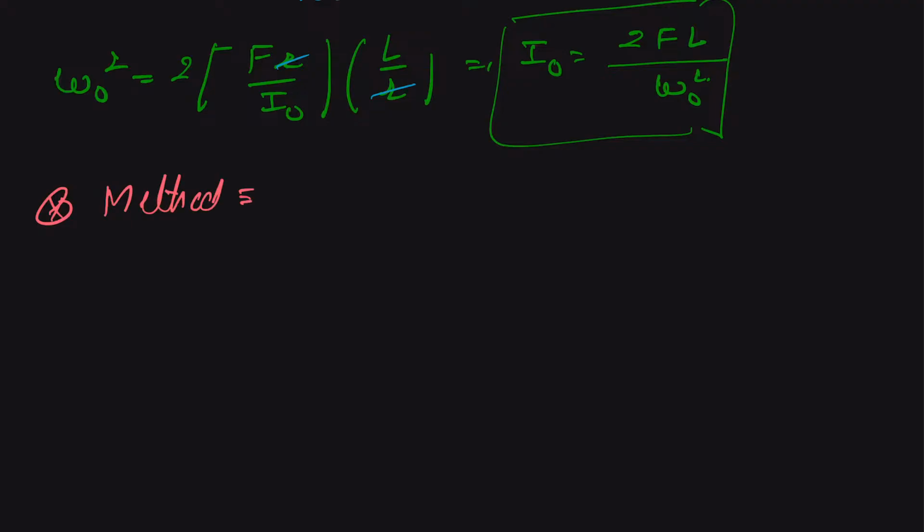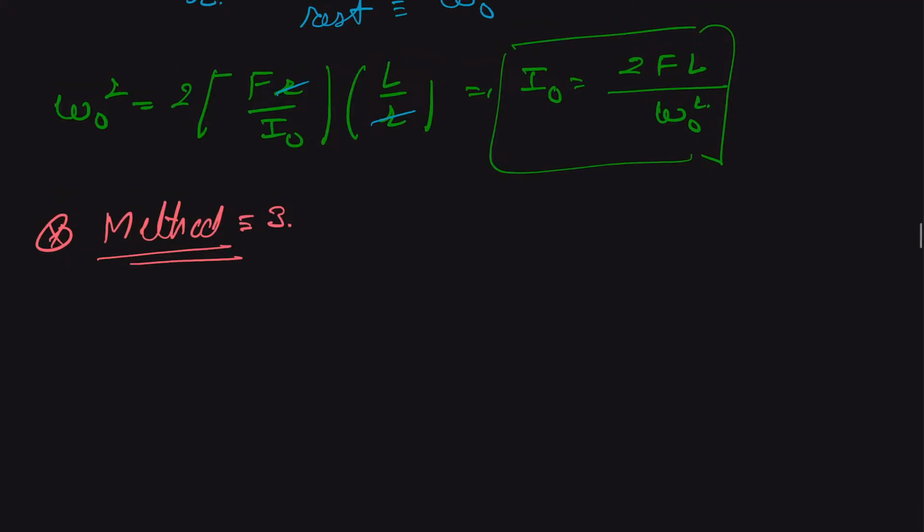We have a third method. Let us suppose that the linear speed of the unwinding point is v.